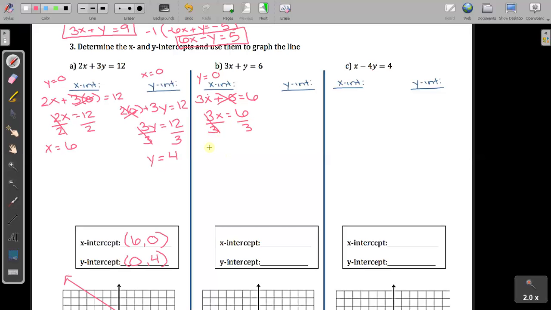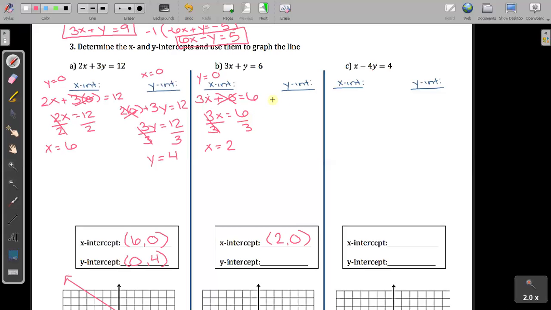Cancels out. We have x equal to 6 divided by 3 is 2. So when we write our point, we're going to have (2, 0). 2 is what we solved, and then we had the 0 for our y that we substituted in.